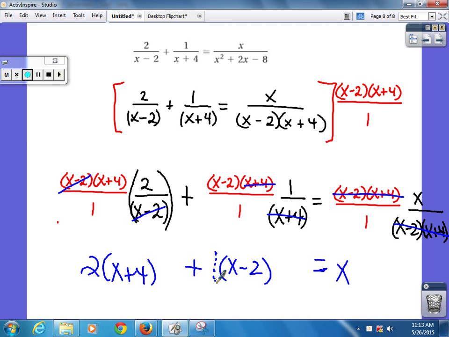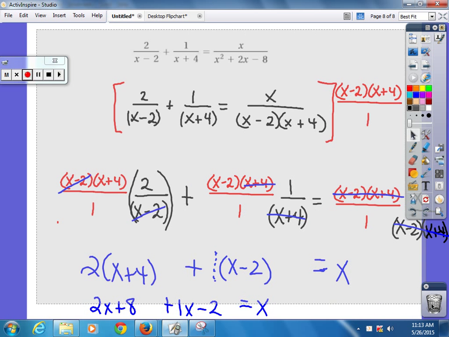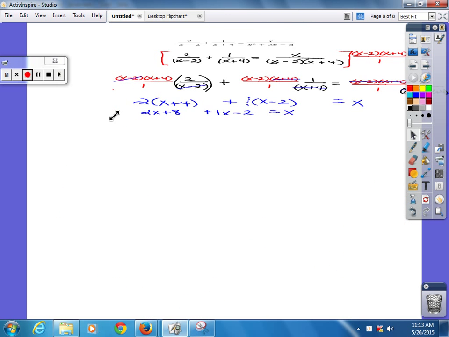So that's going to be 2x plus 8 plus 1x minus 2 is equal to x. Then we're going to take our handy dandy reducer. Sounds like some kind of ray gun, doesn't it? Take our handy dandy reducer and reduce that.